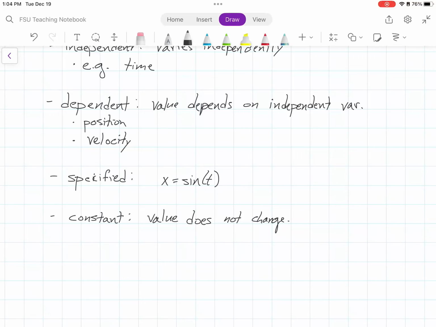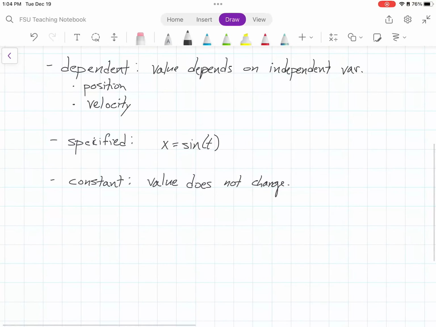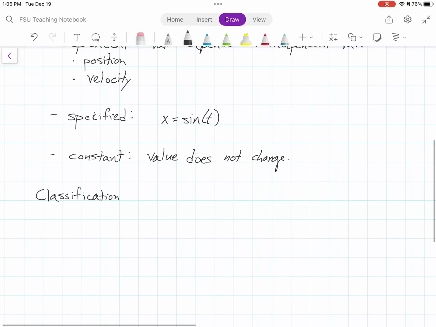Okay. So with this understanding of these variables, we can go ahead and start classifying equations. There are a couple different types of classification that we'll be using. The first one is differential versus algebraic.